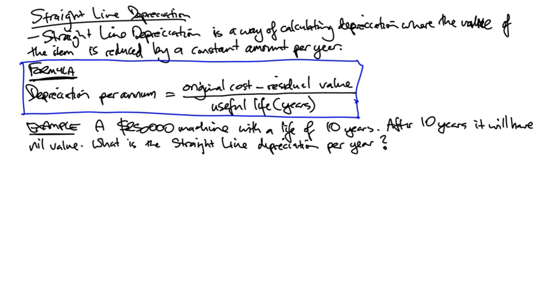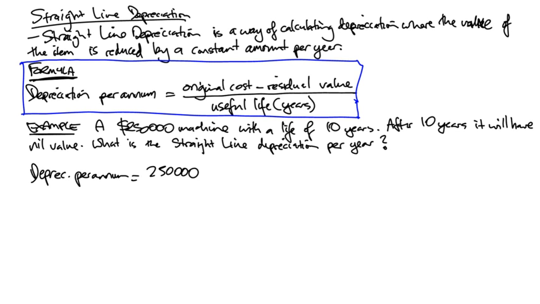This is the example from the book. Let's say a $250,000 machine has a useful life of 10 years, and after 10 years it will have no value. What is the straight line depreciation going to be per year? So I'm going to shorten depreciation to deprec per annum equals, what was the original cost? $250,000. What was the residual value of the item?